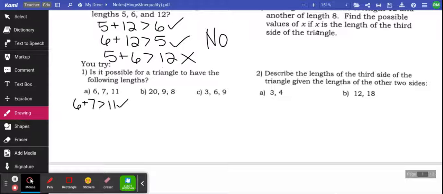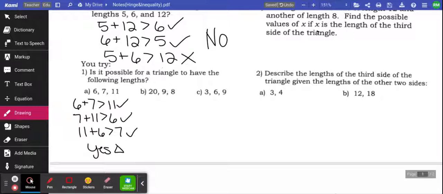That works out. 7 plus 11 is greater than 6. That works out. And then, what are we missing? 11 plus 6 or 6 plus 11 is greater than 7. And that also works out. So yes, this is a triangle. And then try B and C on your own. And I'll check it out when you have those.